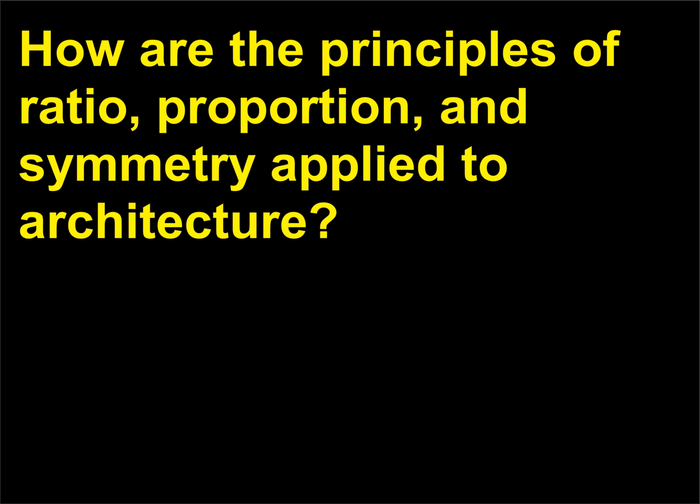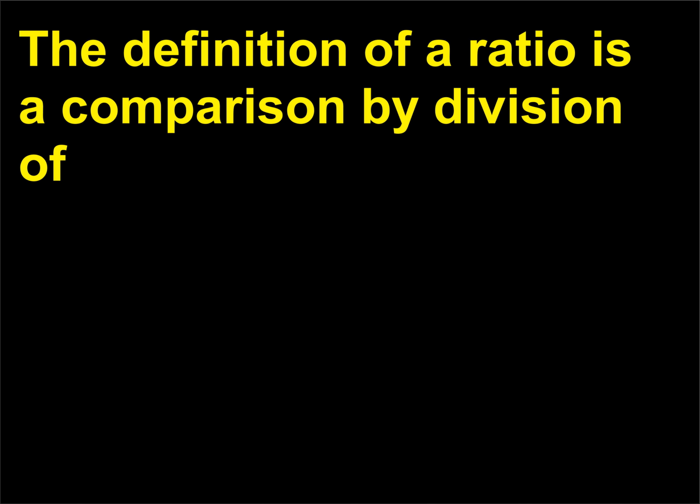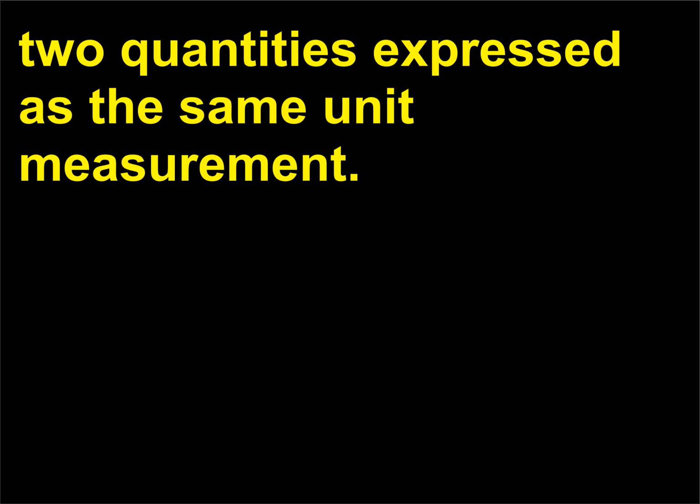How are the principles of ratio, proportion, and symmetry applied to architecture? The definition of a ratio is a comparison by division of two quantities expressed as the same unit measurement.